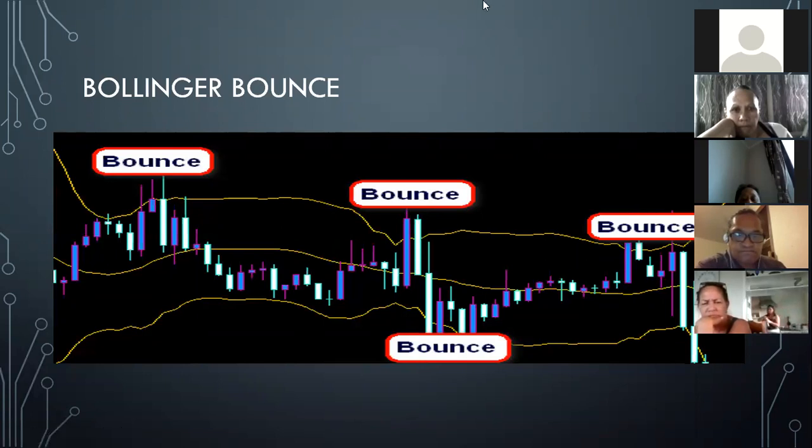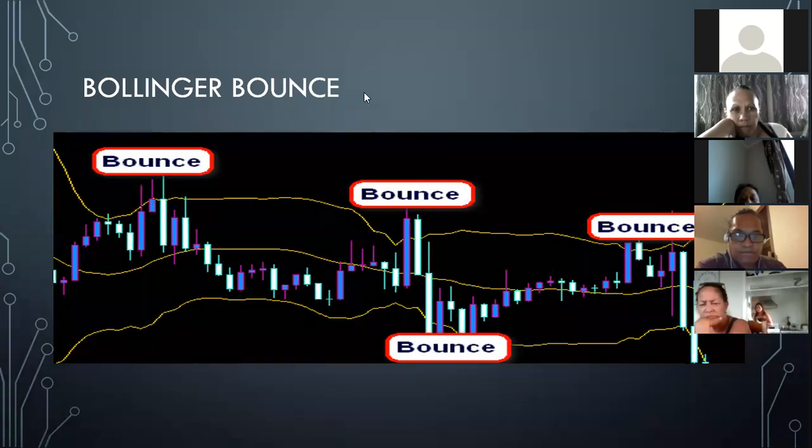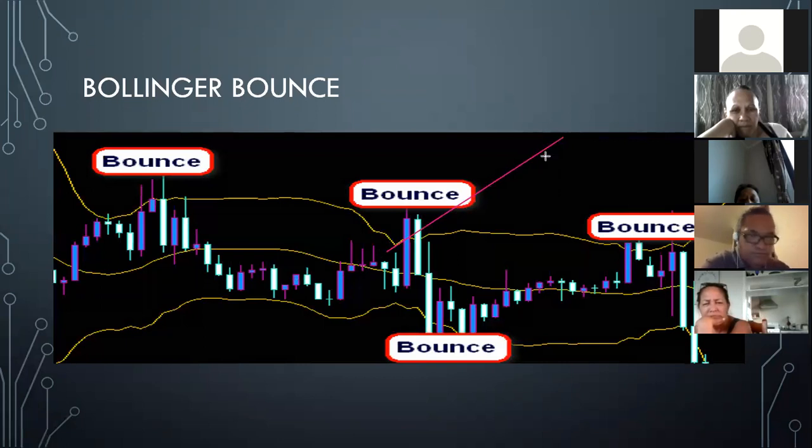So let me just... So how do I put a line? So if this graph was coming down here and it bounced off the bottom band, you're never going to see the graph move outside the band extremely like this.